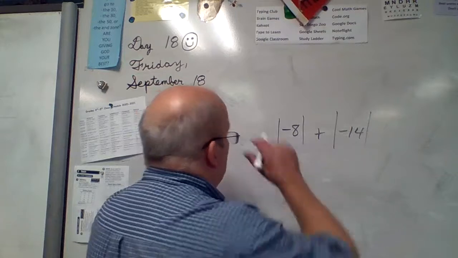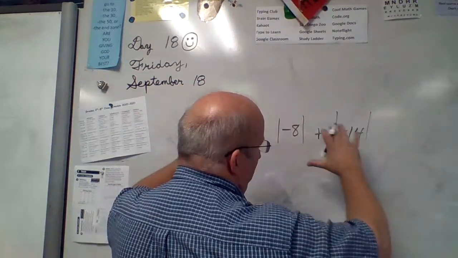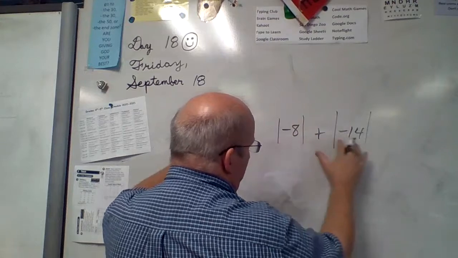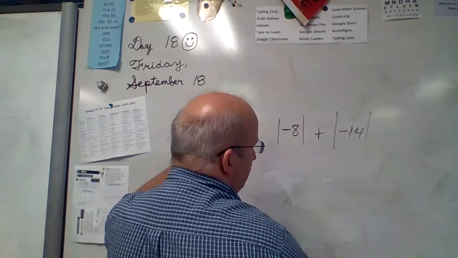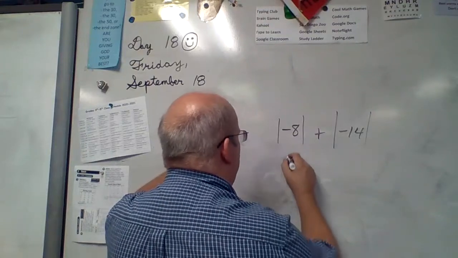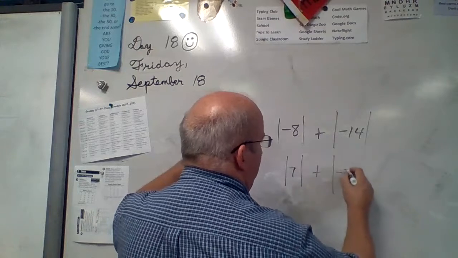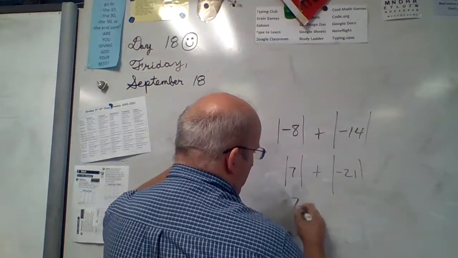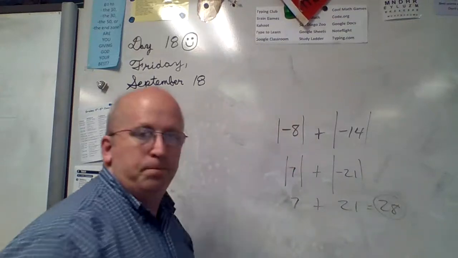Since it's arranged in this pattern, we figure out the absolute values first, and then we do the adding. So if I had, for example, the absolute value of 7 plus the absolute value of negative 21, the final answer would be 28.